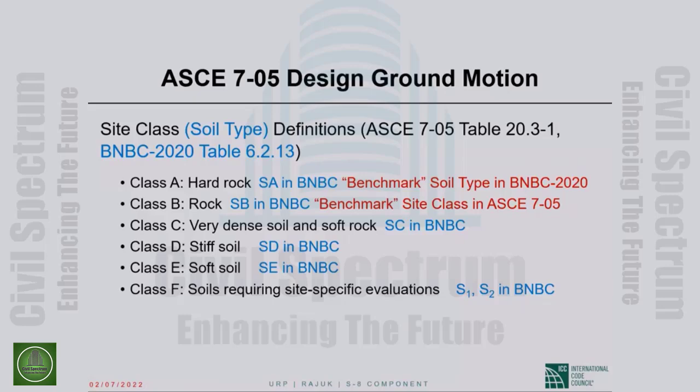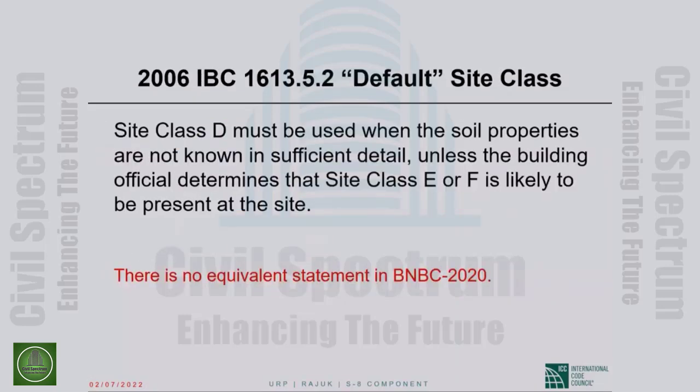It is specifically set. So the benchmarks are kind of different. ASCE 7 says specifically site class D must be used when the soil properties are not known in sufficient detail unless the building official determines that site class C or F is likely to be present at the site.